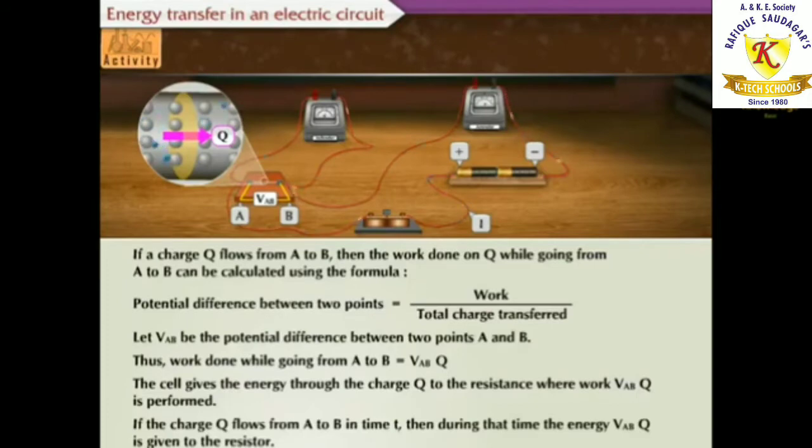If the charge Q flows from A to B in the time t, then during that time the energy VABQ is given to the resistor. The energy received by the resistor is converted into heat energy, due to which the temperature of the resistor is increased.